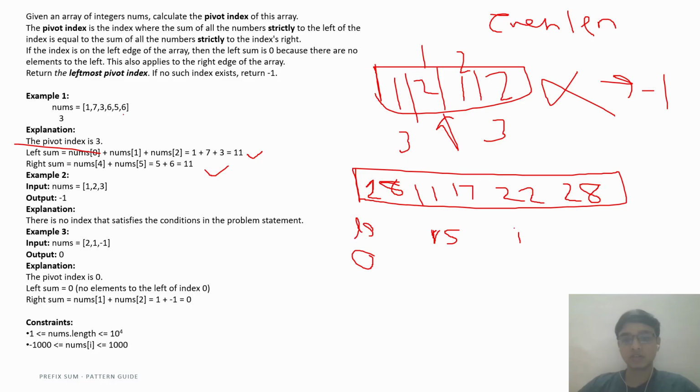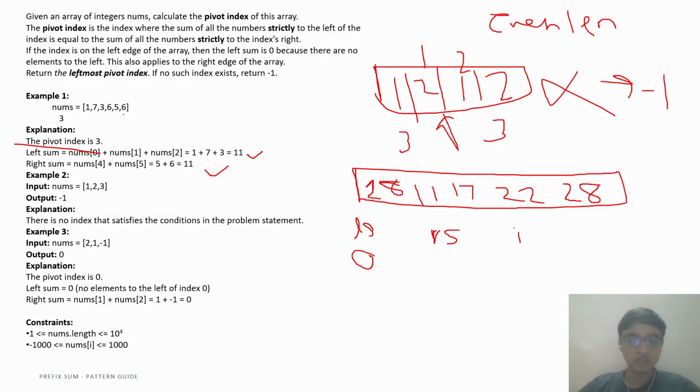I think I'm getting something. If I am at the first index, I don't have anything on the left, so left is 0, that's fine. But I have this on the right. It is nothing but the total of the array minus the current element.